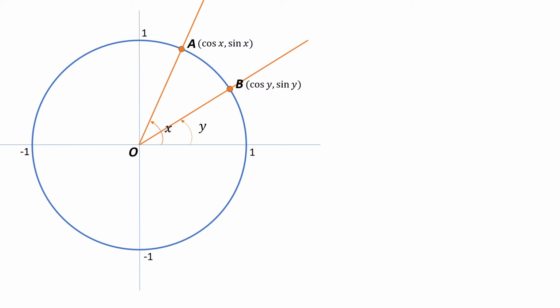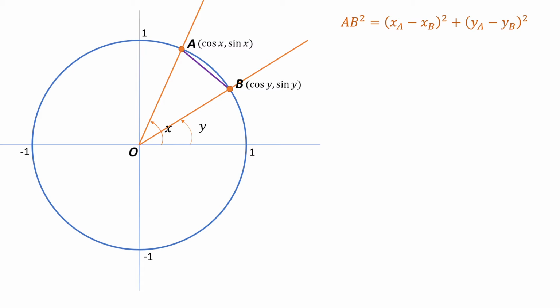Since we're interested in that distance AB, it's also a good thing to remember the formula for how to calculate the distance between 2 points if we know the coordinates of both points. This is the formula that we're going to use.